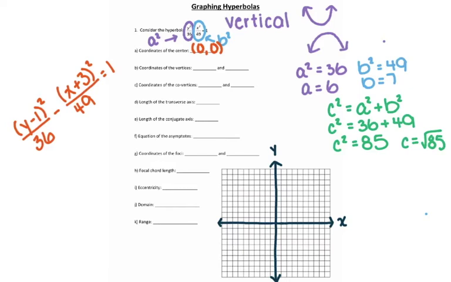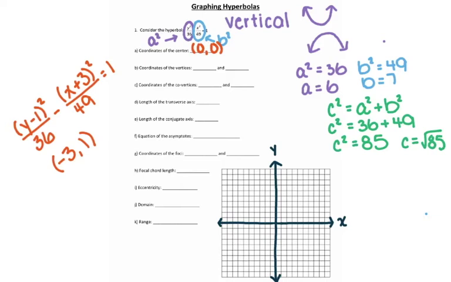A common mistake is, when asked to identify the center, kids will say it's 1, -3, but it's not, because remember the x has to come first, so it's actually -3, +1 for this. That would be where the center is. So you have to make sure that you're putting the h first.